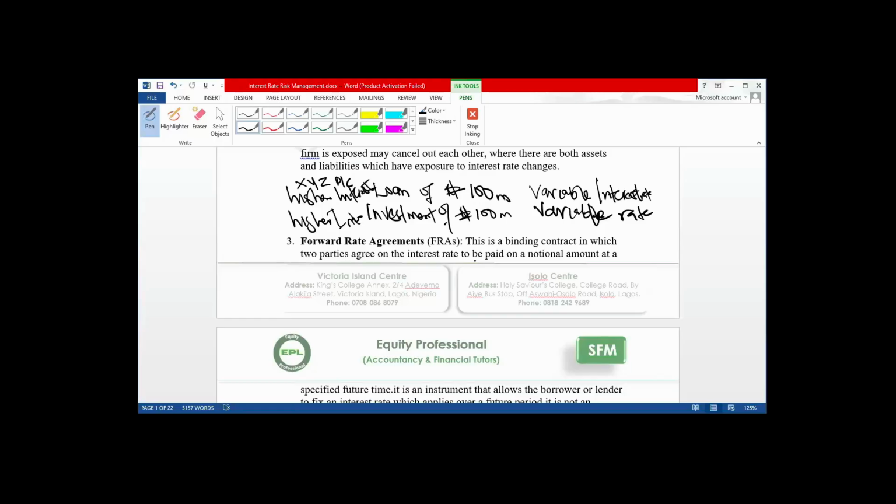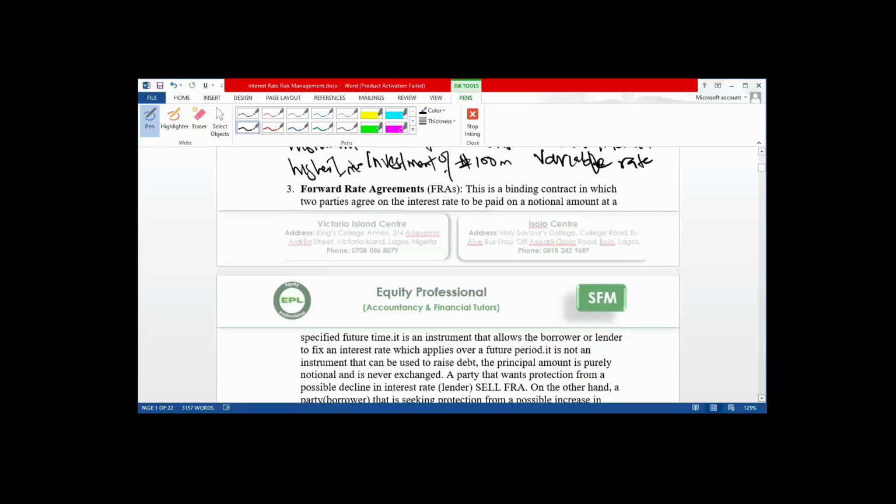This instrument allows the borrower or the lender to fix an interest rate which applies over a specified future period.